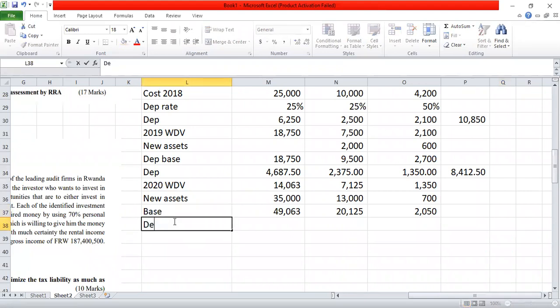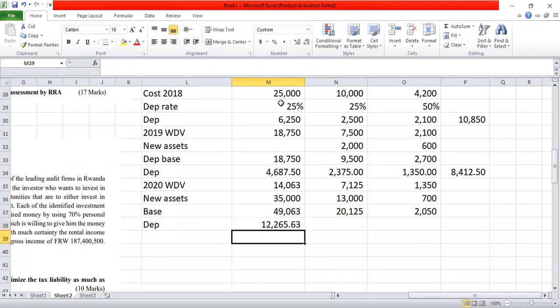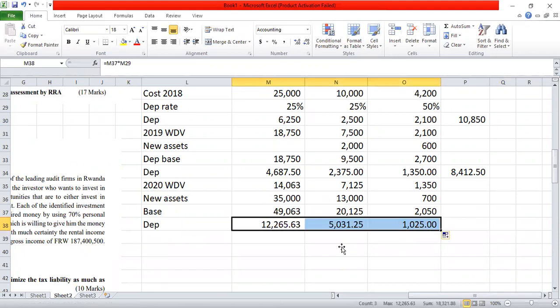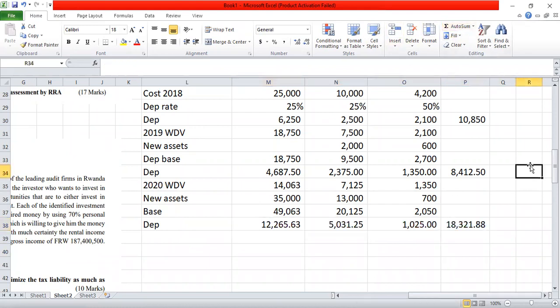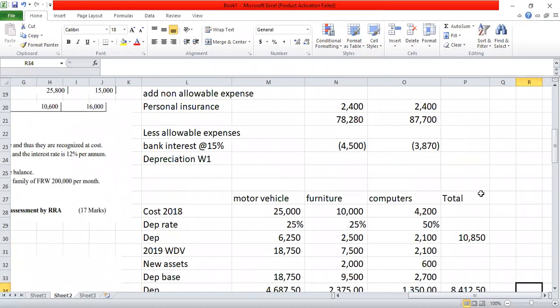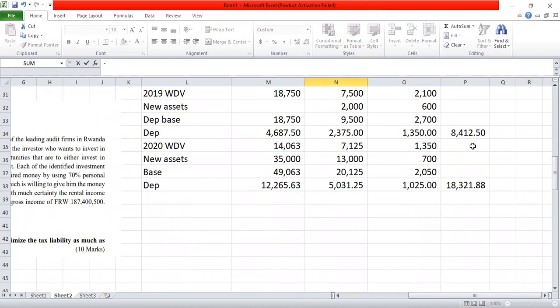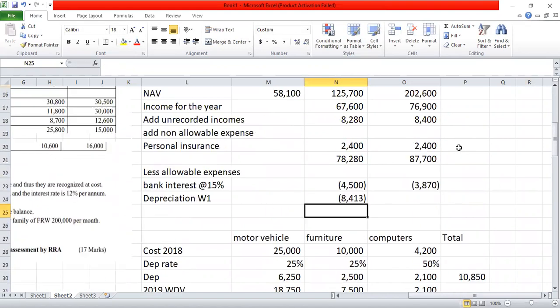Now depreciation. It's the same rates. This one times, so those are the depreciation for the 2 years. So here I can bring it here for 2018, 2019 I take this, and 2020 I take this.